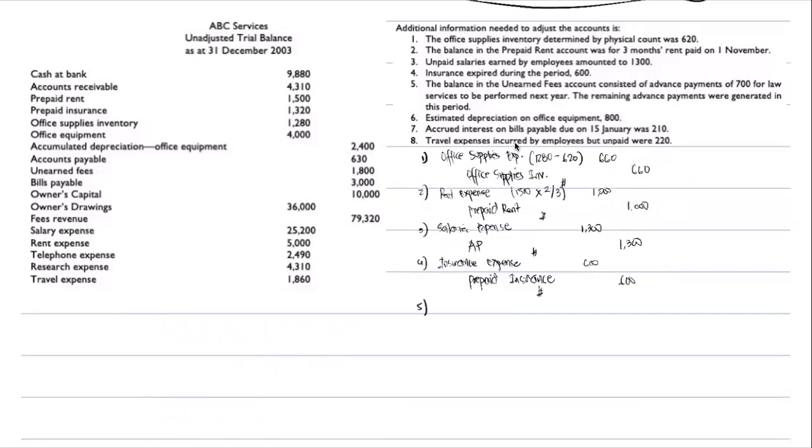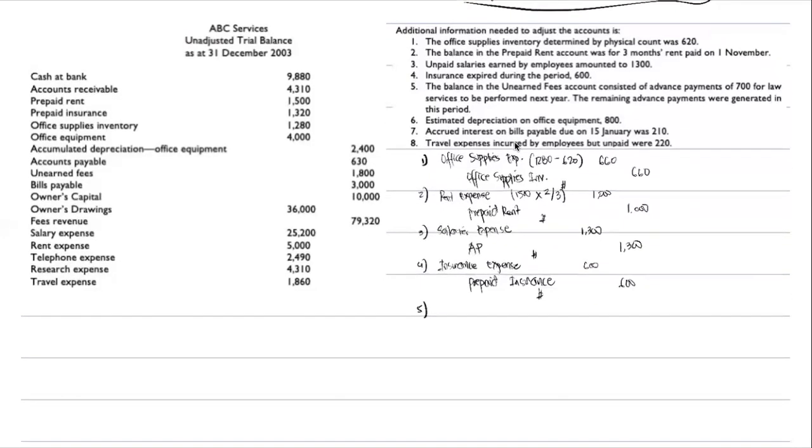Number 5. The balance in an unearned fees account consisted of advance payment of 700 for law services to be performed next year. The remaining advance payments were earned in this period. So we have here unearned fees of 1,800. What will we do?